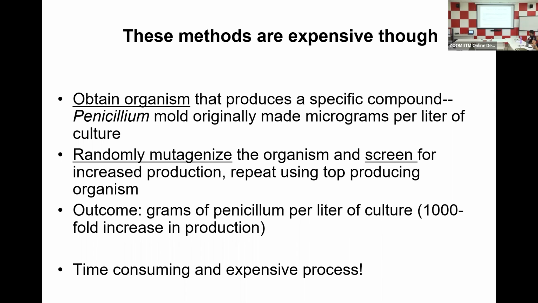That was the case with the original penicillin strain, which produced only a few milligrams, to produce a lot of penicillin, up to 1,000 times more, just by doing this mutation where you really don't know how it goes. However, this is time consuming, expensive, and at the end you don't know exactly what the reason for this production is.